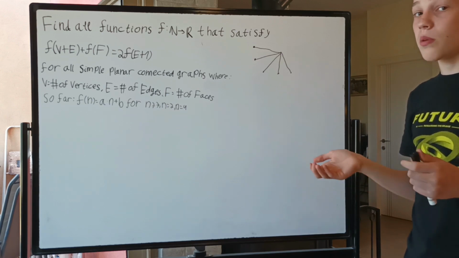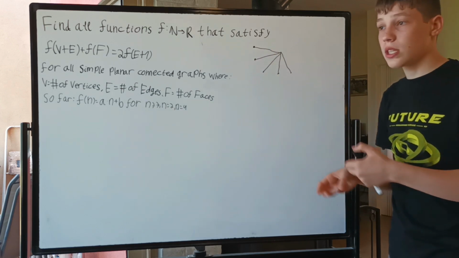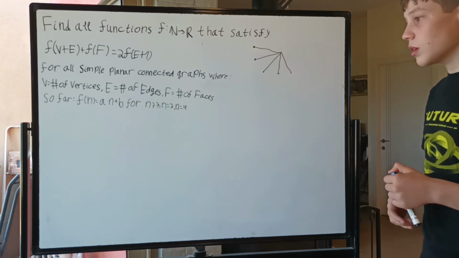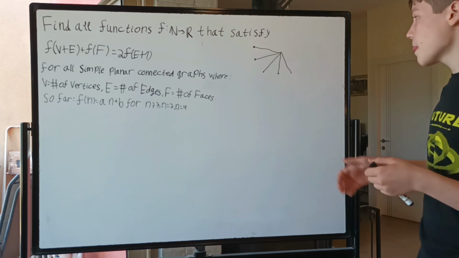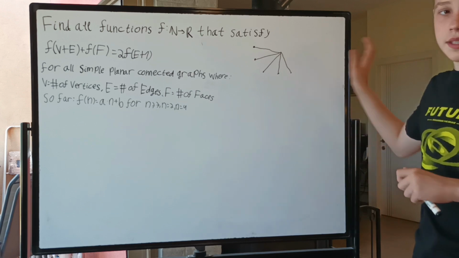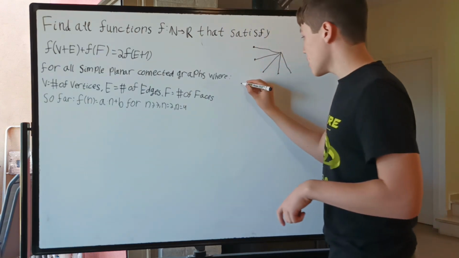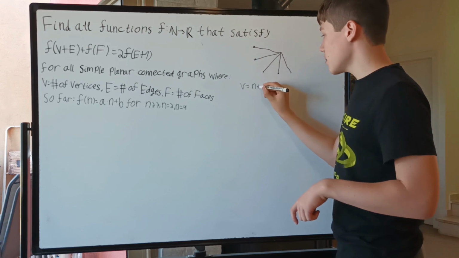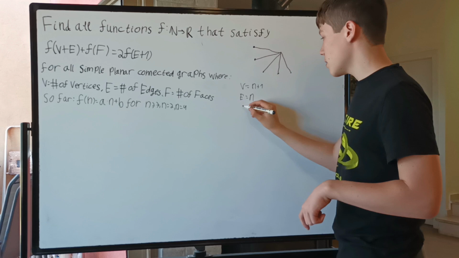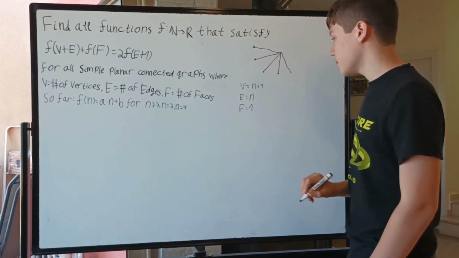So the number of faces is equal to 1, since there aren't 3 edges that are bounding a triangle or a quadrilateral or whatever. We just have the entire plane as one face. So in this case, v is equal to n plus 1, e is equal to n, and f is equal to 1.